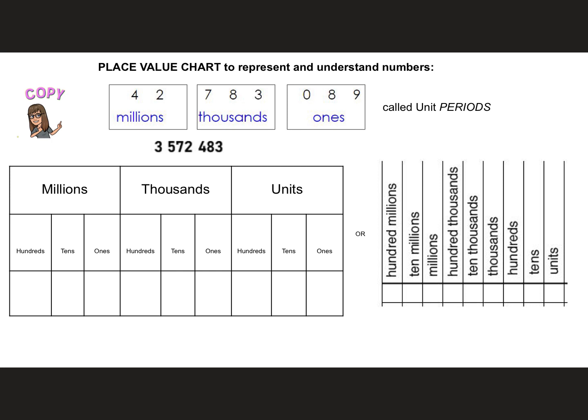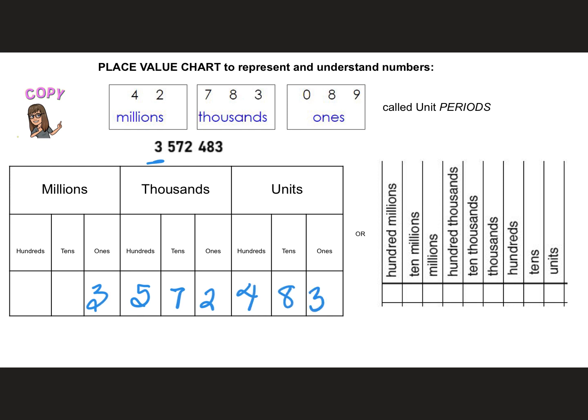In this case, because our number begins in the millions place, we would start with the millions ones place, 3, and then the thousands period has the 572, and the units period has the 483.